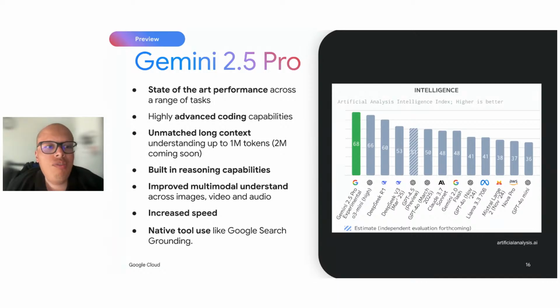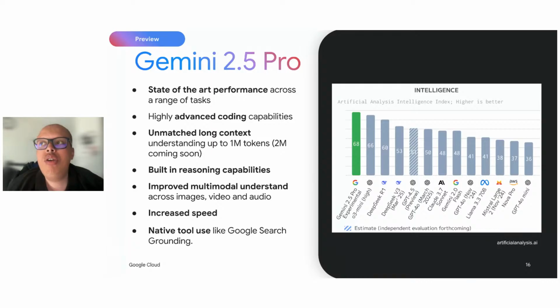It has highly advanced coding capabilities. And one thing that we did not highlight a lot so far is the unmatched long context. Think about it, having the possibility to have as input up to 1 million tokens, and by the way, 2 million tokens is coming soon, but imagine this unmatched long context.